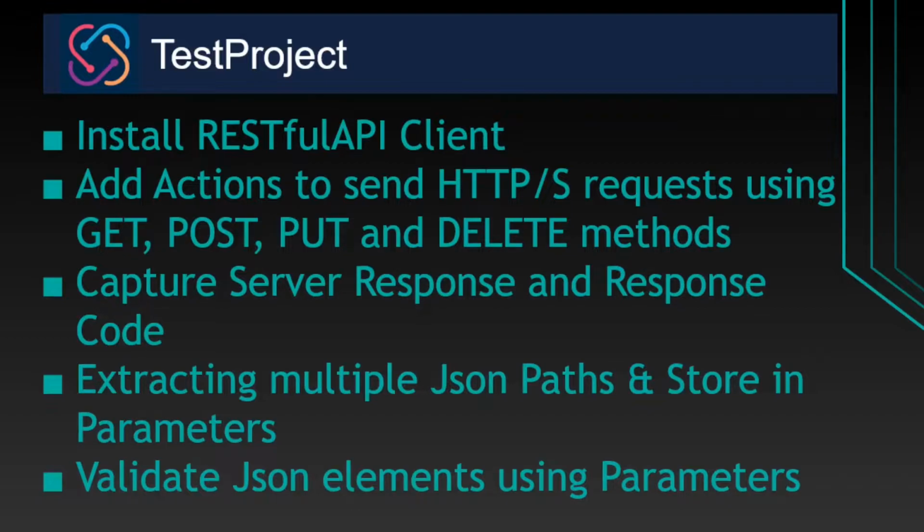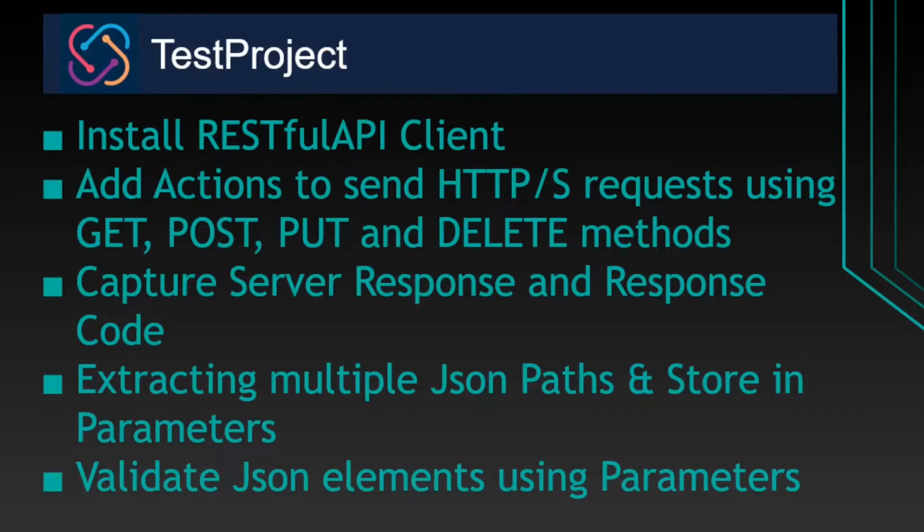So while automating one test case, you can capture the output response and the elements, and you can use those elements from the response in another test case. I'm going to teach you that. And I'm also going to teach you how we can validate the JSON elements using parameters.